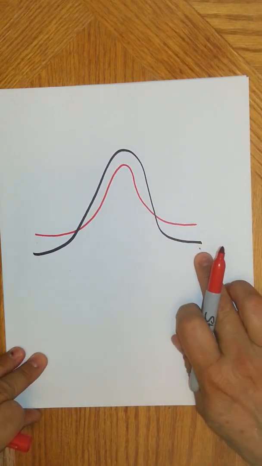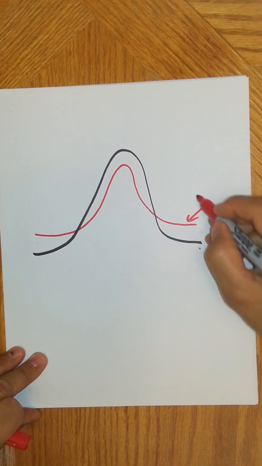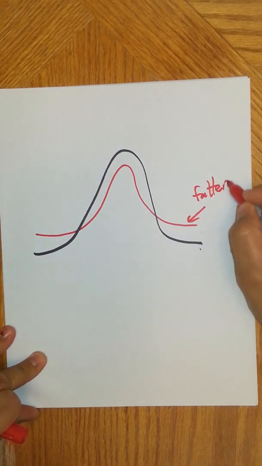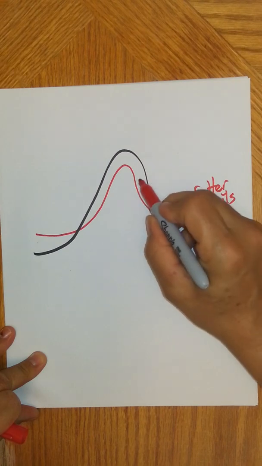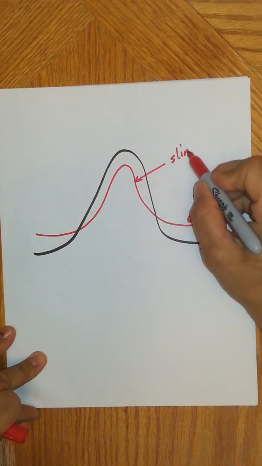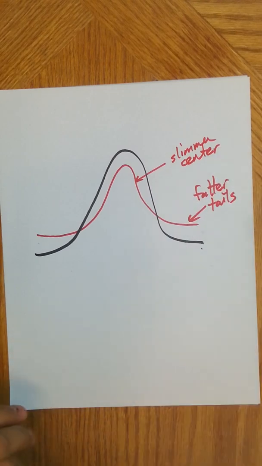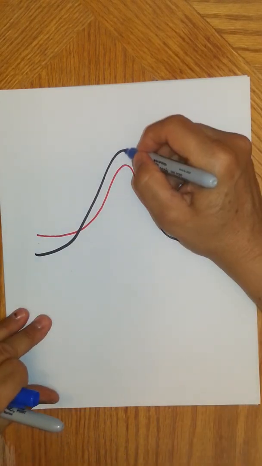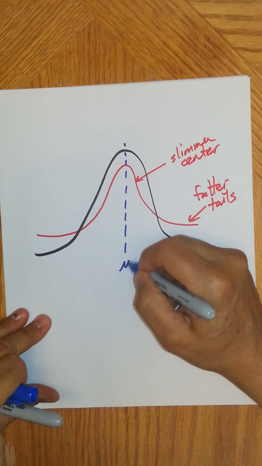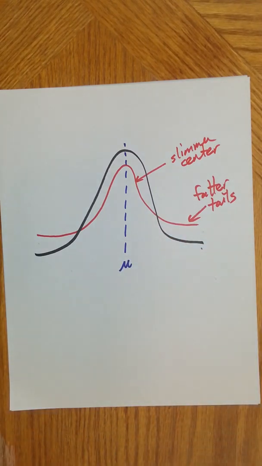So compared to the normal distribution, you have fatter tails and a slimmer center. Now, mu is still the same. The center still stays the same. Again, it's how the sample means behave.